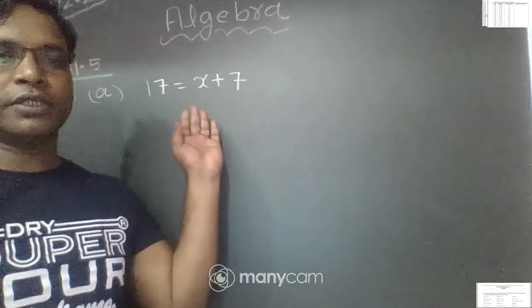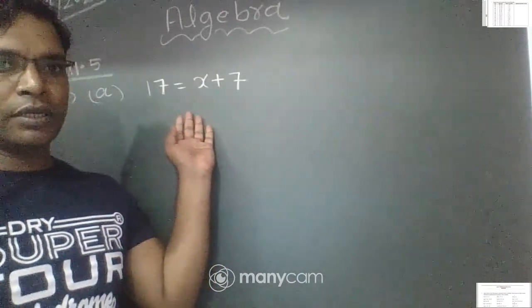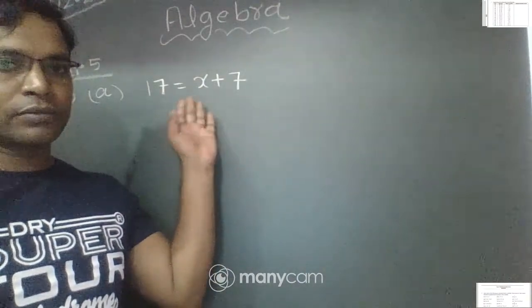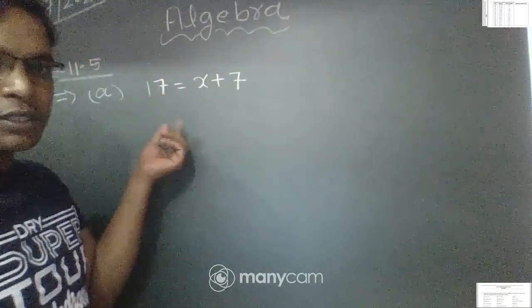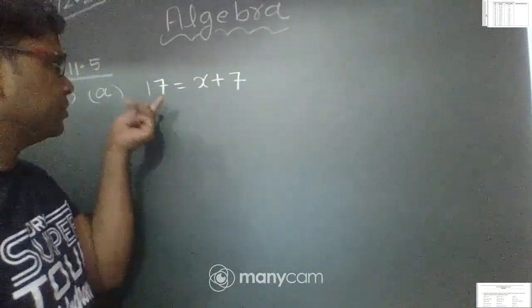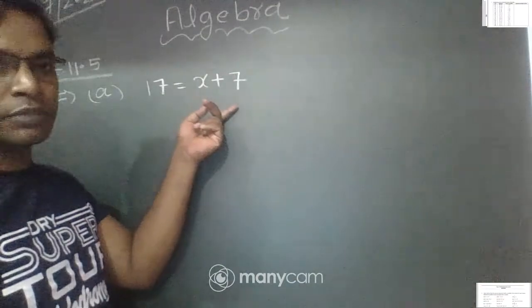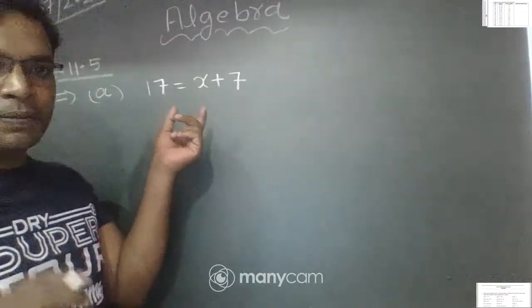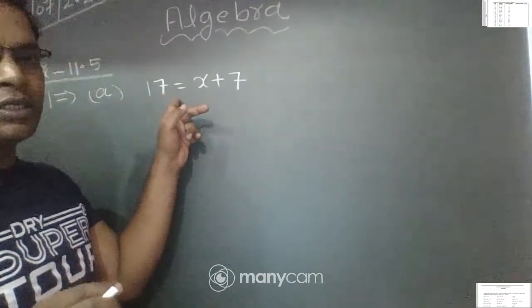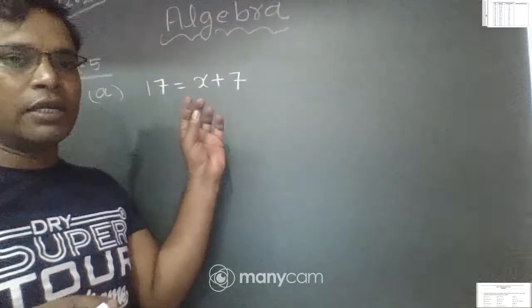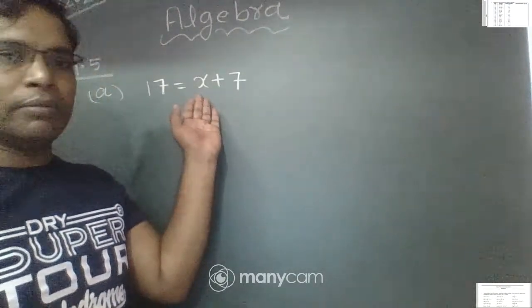Student, you can see this is an equation with variable x. You can see here two expressions. This is the first expression, this is the second expression, and the sign between them is an equal sign. So this is an equation. And what is the variable? The variable is x.